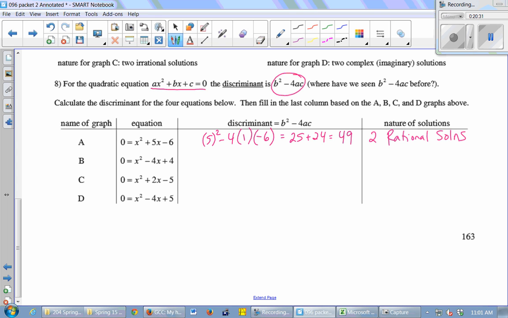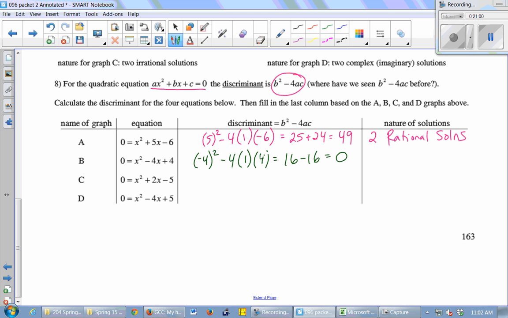In this case, b is -4. So I'm going to have -4 squared minus 4 times a, which is 1, times c, which is 4. So -4 squared is 16. 4 times 4 is 16, which is 0. What happens if that number under the square root is 0? You're going to have one solution, right? Because it's going to be something plus or minus 0.